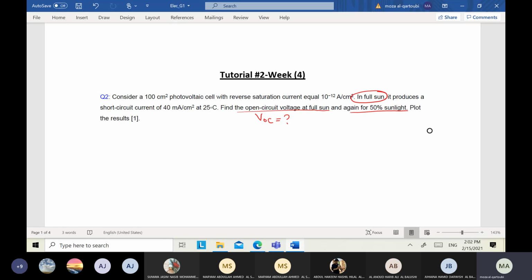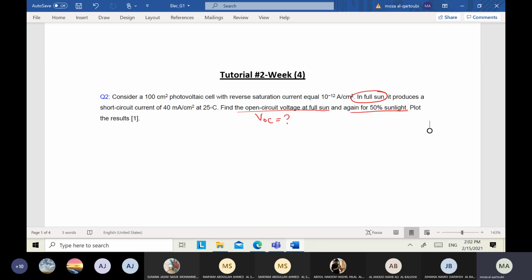So given first at full sun, that means 100% of sunlight, area of photovoltaic cell 100 centimeter square, reverse saturation current equal 10 power minus 12, and short circuit current equal 40 milliampere per centimeter square, and given temperature. We need to find the open circuit voltage at full sunlight, then again at 50% of sunlight.